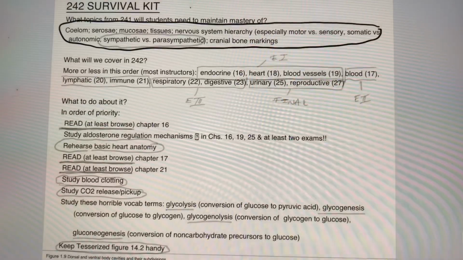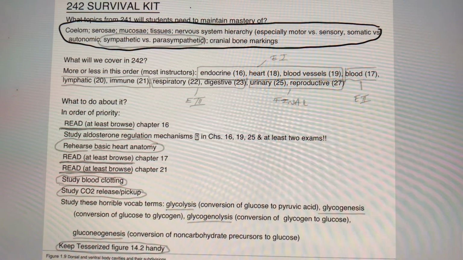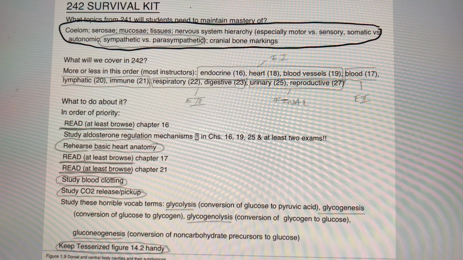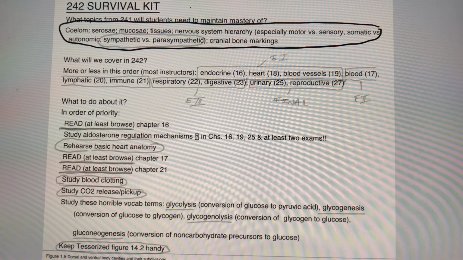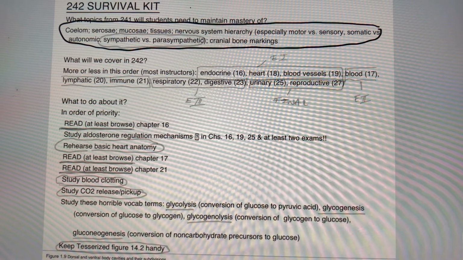That's actually 242 relevant. From 241, you should know what a coelom is, but just in case, I'll cover that in just a hot second. And you should know what serosae versus mucosae are. You should know your tissues inside and out. Tissues should be the thread that's woven through all of anatomy and physiology.